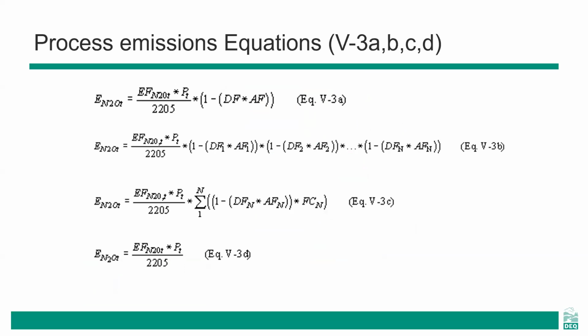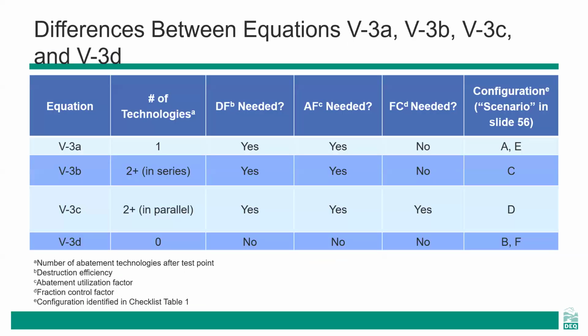In this slide, equation V3A, V3B, and V3C can be reviewed. This table shows if destruction efficiencies, abatement utilization factors, or fraction control factors are needed for the V3 equation.